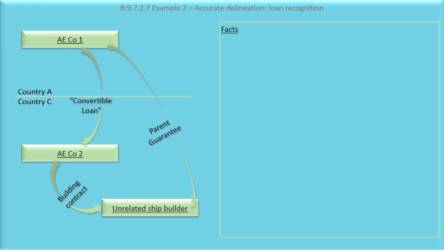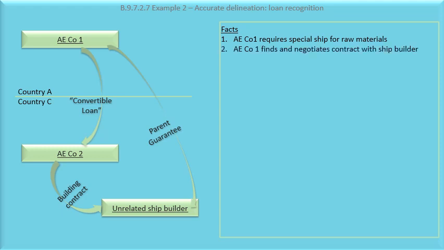So if we look at the facts quickly: 1, AECO 1 requires a special ship for raw materials. 2, it negotiates a contract with the shipbuilder. 3, AECO 2 then signs a shipbuilding agreement with a parent guarantee. This happens quite commonly in the industry where you build heavy equipment and you have SPVs actually owning it.